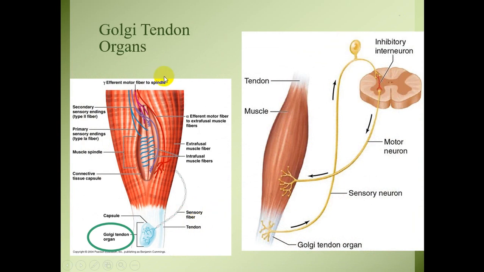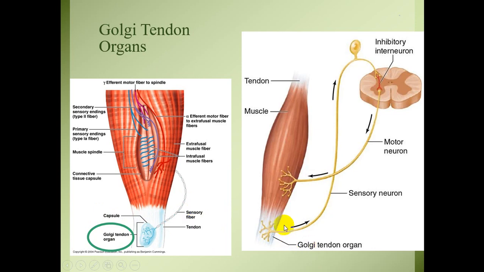Among the bundles of regular collagen fibers, the tendon also contains specialized collagen fibers which are enwrapped by a connective tissue sheath or capsule, and they are also supplied by sensory fibers coming from the nerve supplying that muscle.